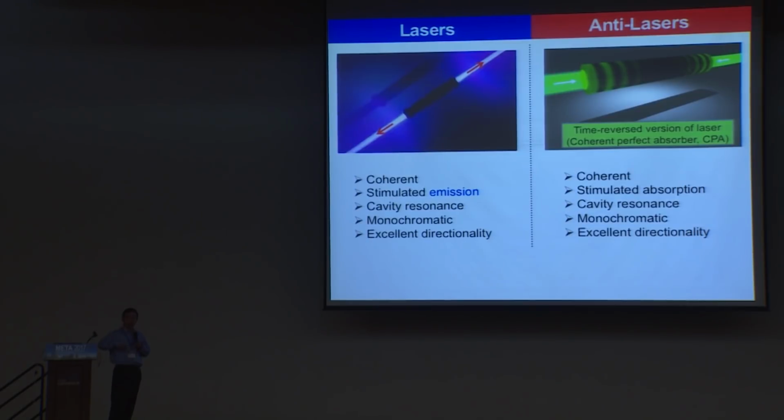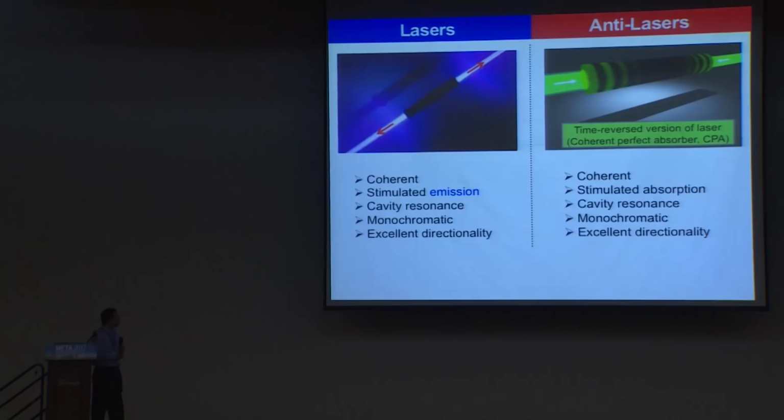If you do time reversal, that is what happens. Physically, it is a coherent perfect absorber. It's an absorption process that involves coherence. So it is coherent, it is a stimulated absorption, and also involves a cavity, and again, it's usually a single frequency and also has directionality.